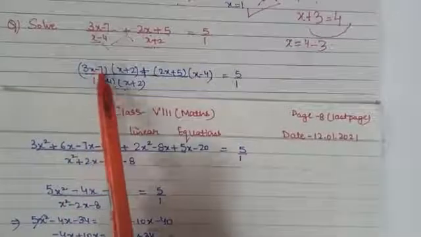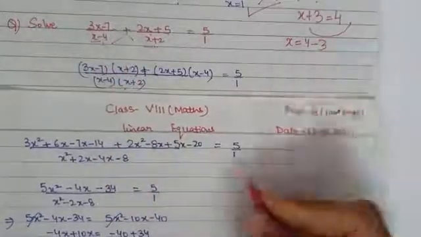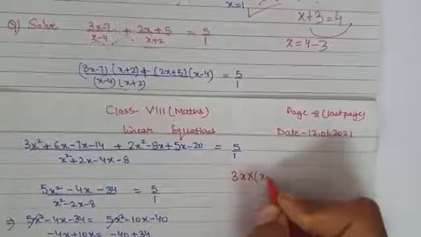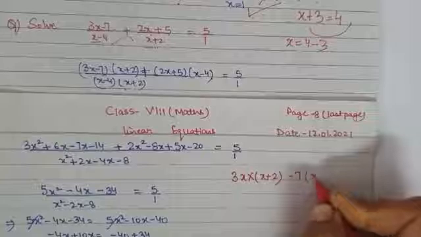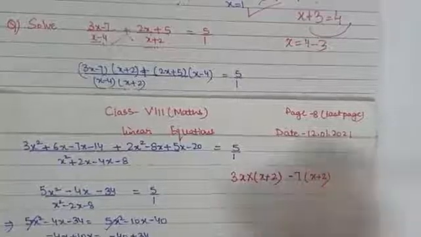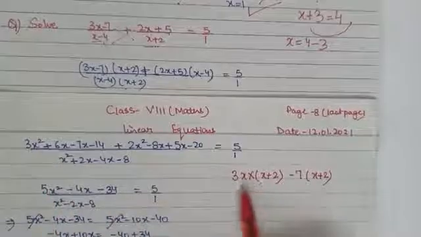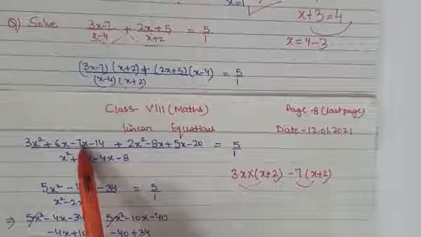Now see, multiplying these two brackets. First of all, 3x will multiply with x plus 2. Then minus 7 will multiply with x plus 2. What we get? 3x square plus 6x minus 7x.